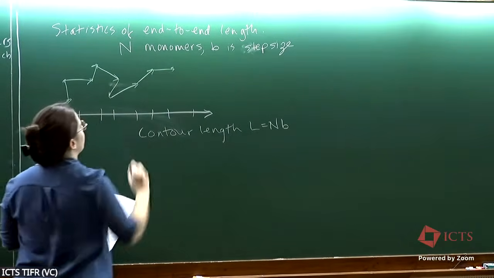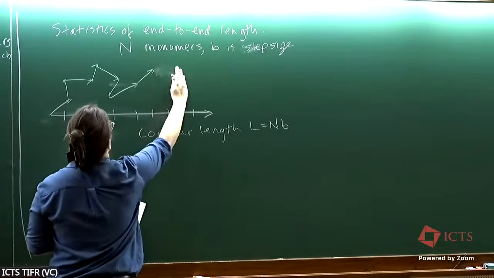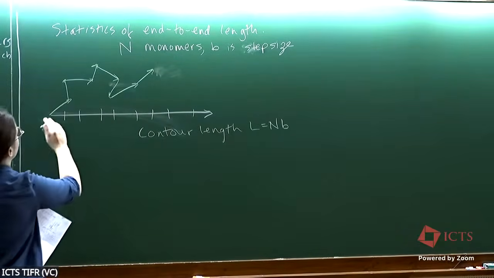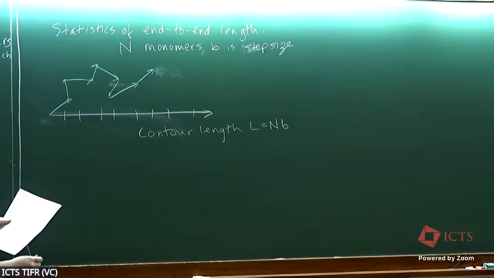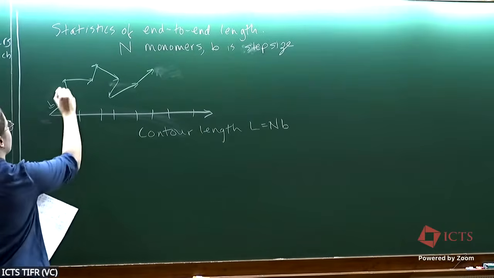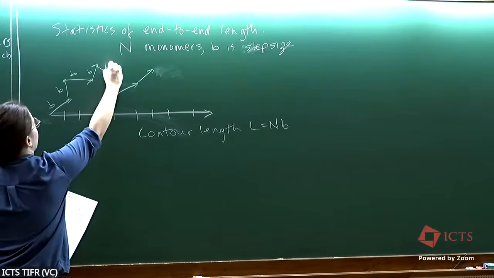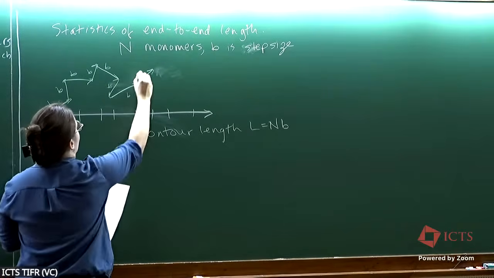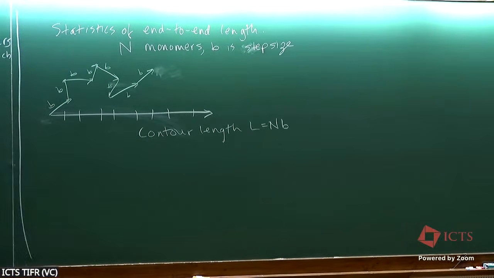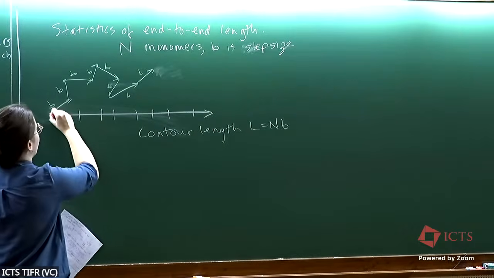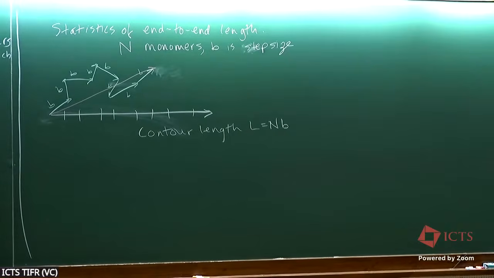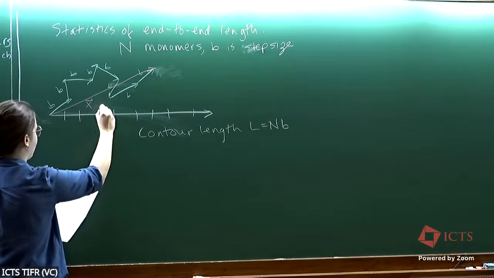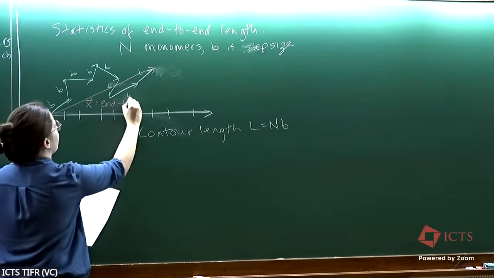If you have all of these different steps, you will have a distance between the origin and the end of the chain that I'll call this vector X, which is our end-to-end length.